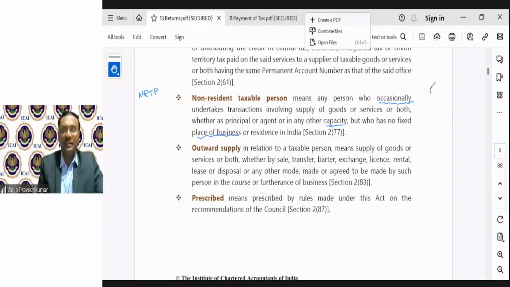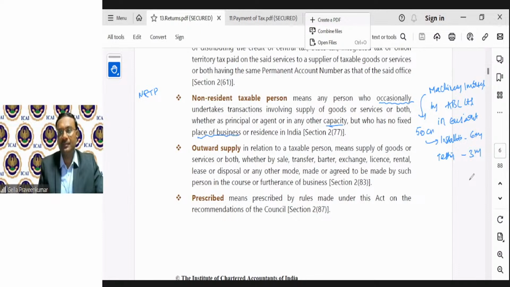Say there is a machinery imported by ABC Limited in Gujarat. This machinery is worth 50 crores, where installation takes 6 months, testing takes 3 months, then commercial production.